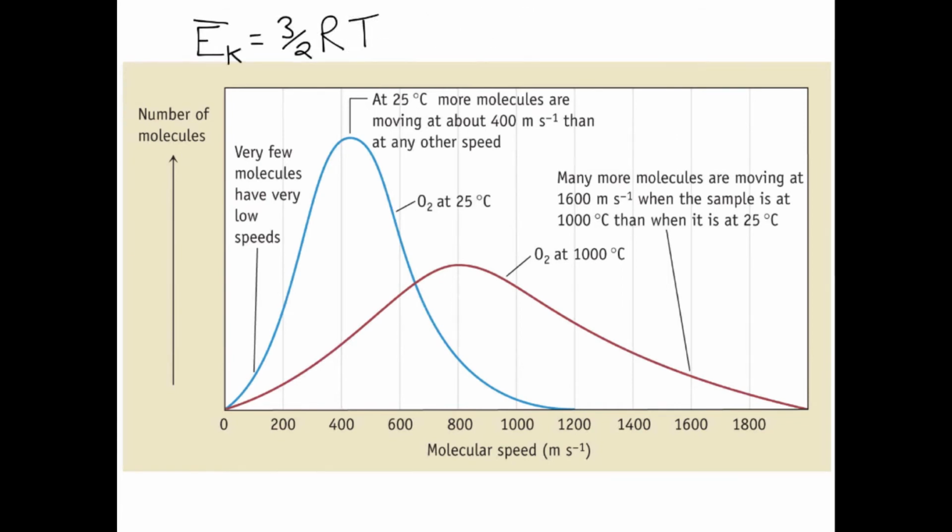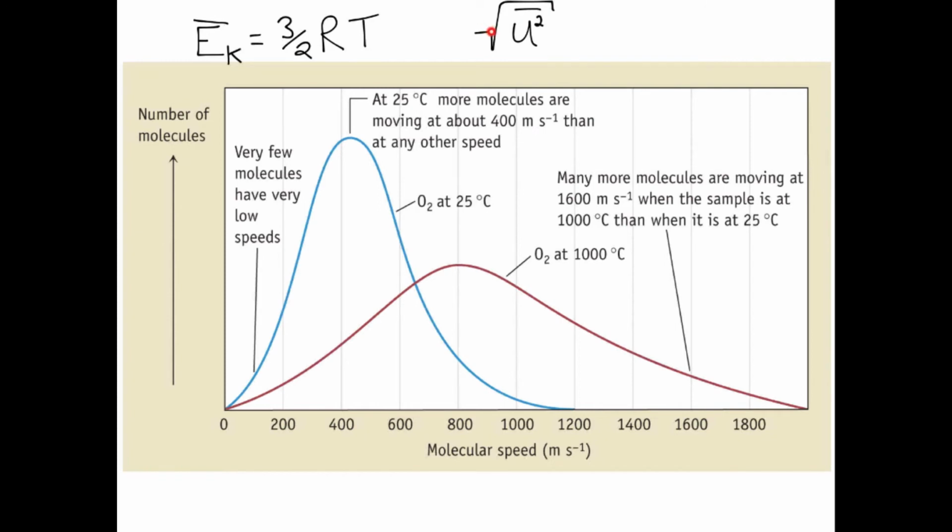We can also use this logic to define something called the root mean square speed, or the RMS speed of a molecule, which in some sense is, on average, how fast are my molecules traveling. Well, the RMS speed, or root mean square speed, is defined like so. Notice I've got the square, I've got an average, and I've got a square root.